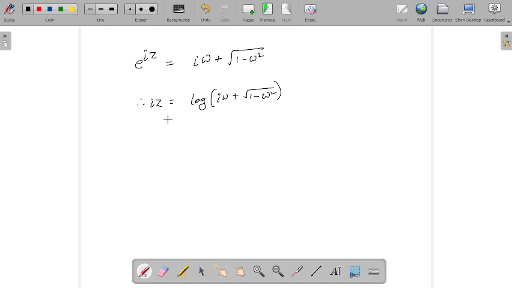That's 1 by i times, you know how this logarithmic function can be written. So this is ln of its absolute value, the absolute value being the square root of w square plus 1 minus w square, and this plus i into the argument of this number. How do you write its argument?